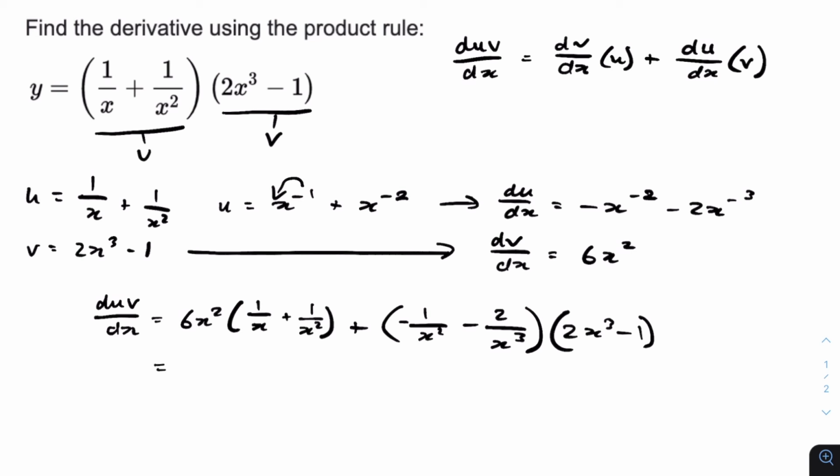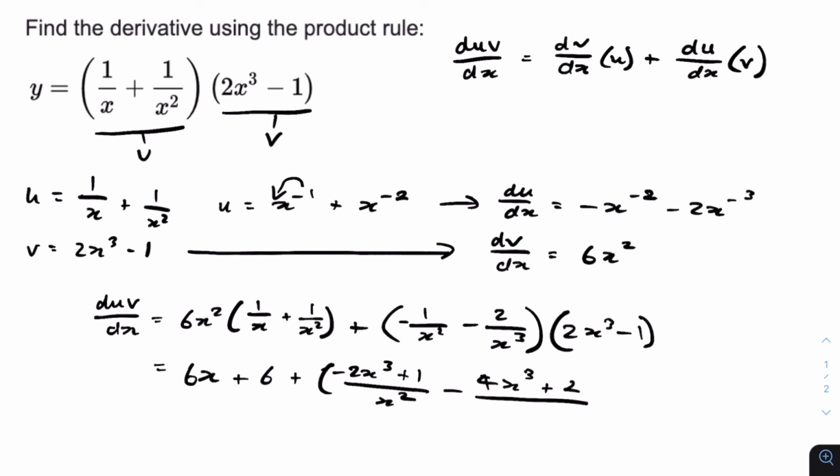So we can simplify this further to give 6x, because I'm just multiplying it by each value in here, and the x cancels out. 6x plus 6, and then it's added to, I have to change that, negative 2x cubed plus 1 over x squared minus 4x cubed plus 2 over x cubed.